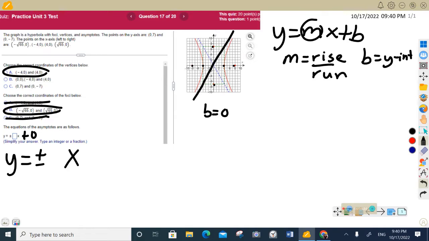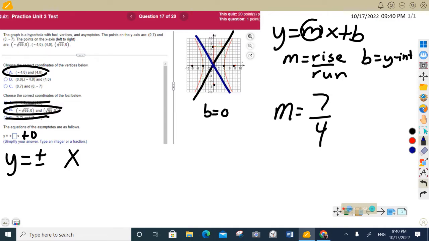So I want to count rise over run. So up here, let me use a different pen. I need to count the rise. All right, they told me that was 7. And then the run, that's right 4. So it's a rise of 7 and a run of 4. If you were to find the slope of the blue line, the other one, I'm going to make this one blue.